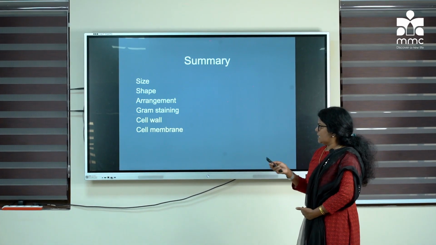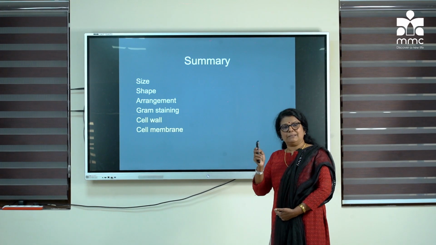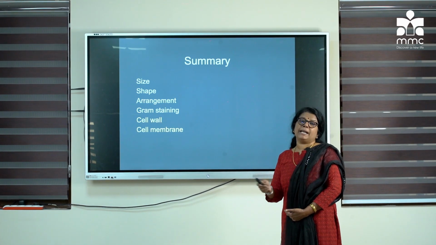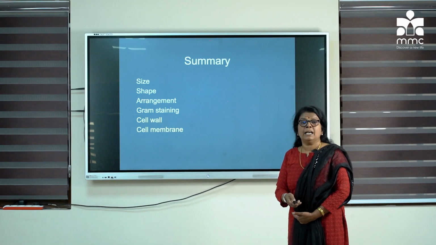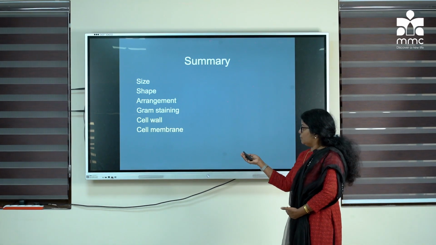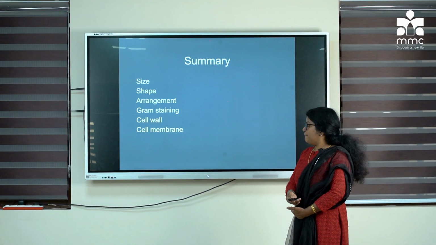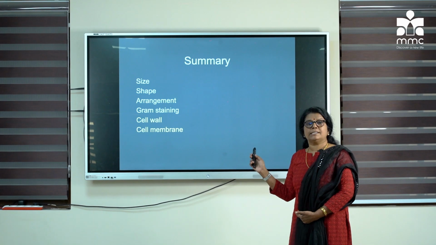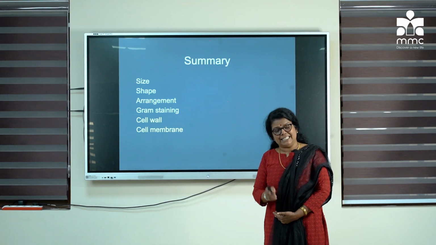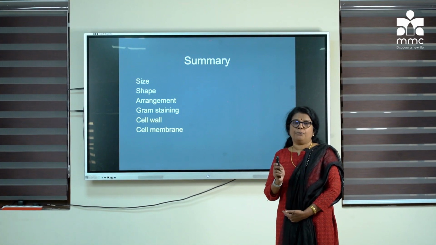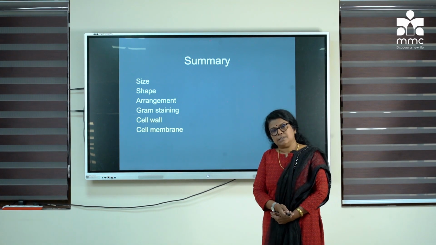Then about the gram staining also I have talked briefly. Since this is a practical exercise, you will be learning in detail in the practical classes. Then about the cell wall as well as cell membrane, you have to study these structures in detail, because this is the basis of bacteriology. So, study well.